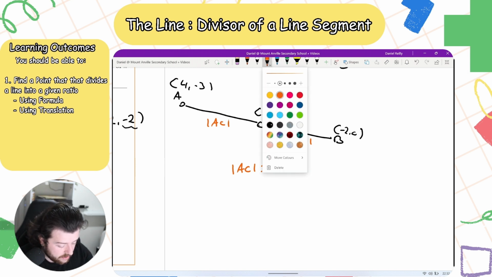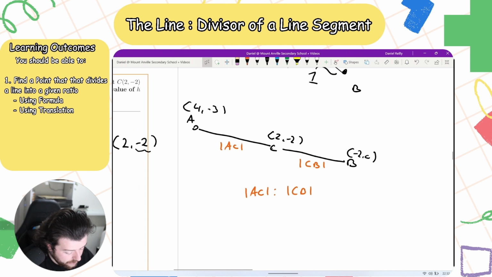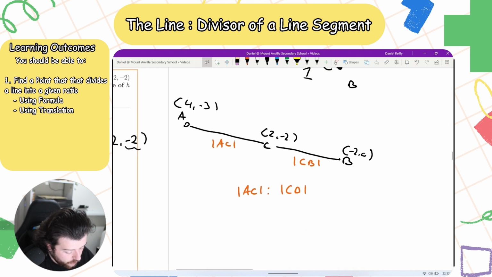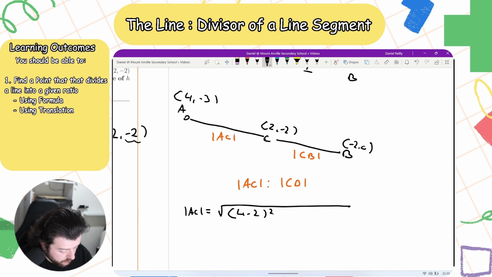So let's try it out here. My distance formula, AC, is going to be equal to the square root of (4 minus 2) squared plus (-3 minus -2) squared.